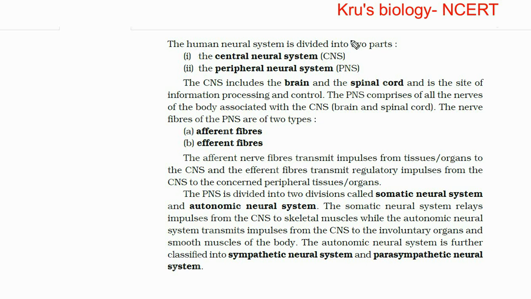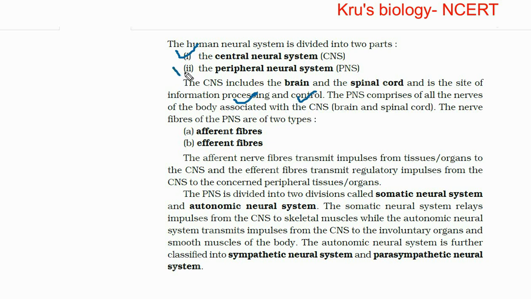The CNS includes the brain and spinal cord. The brain is located in the upper part, and the spinal cord is located at the back side of our body. It is the site of information processing and control of information, right?